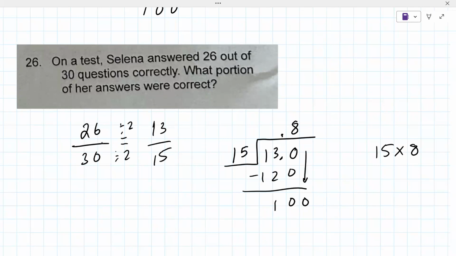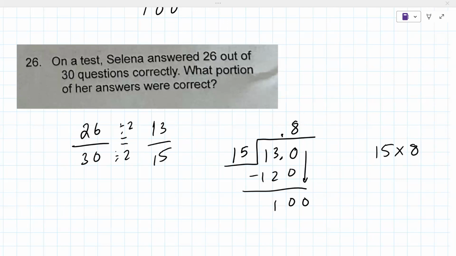Okay, that is 100, point 8, 1500. So 15 times 6 is 90. 6 down. 90. 10.